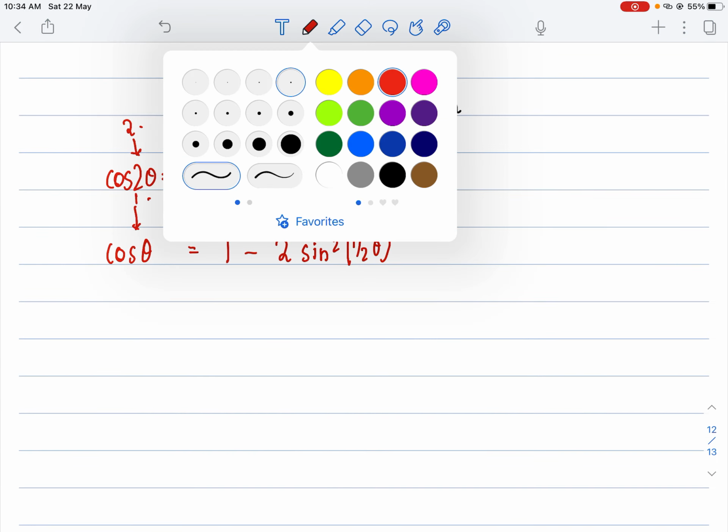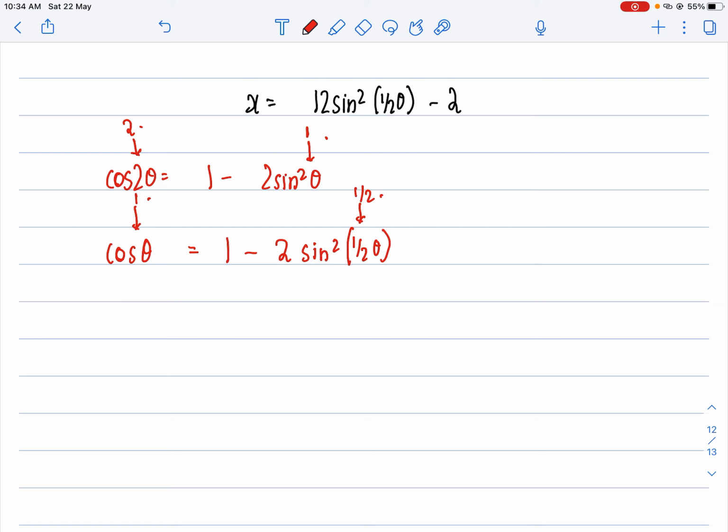So now I can make sine square half theta the subject of the formula, so it's 2 sine square half theta equals 1 minus cos theta, where sine square half theta is equal to 1 minus cos theta by 2.